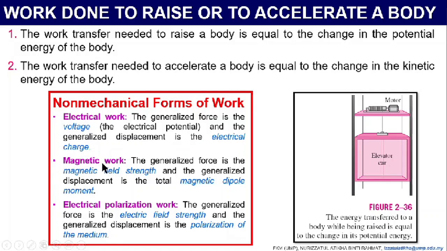For magnetic work, the generalized force is the magnetic field strength, and the generalized displacement is the total magnetic dipole moment. For electrical polarization work, the generalized force is the electric field strength, and the generalized displacement is the polarization of the medium.